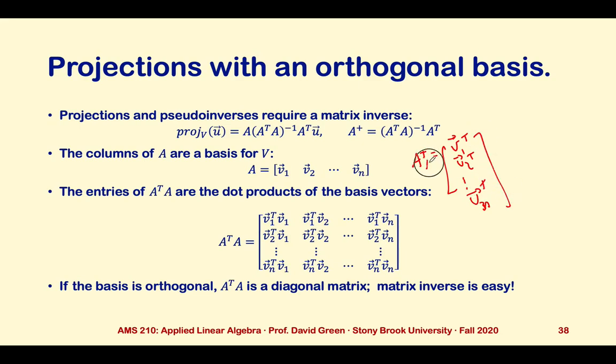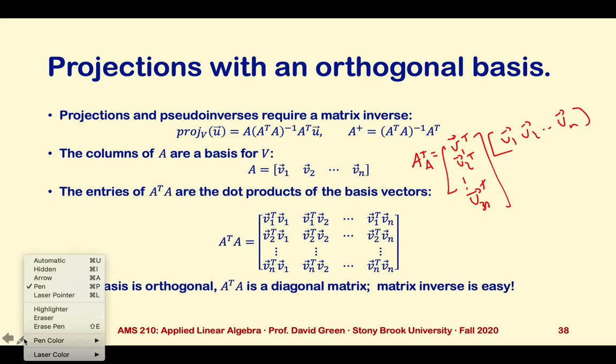And if we multiply that by A, we're multiplying this by V1, V2 to Vn. What do we do in each step? We walk along a row and down a column, giving us the dot product of V1 transpose and V1 for the first entry, and then along the same row and down the second column to give us the entry for the second column, and so on. This is general. This is what A transpose A always looks like.